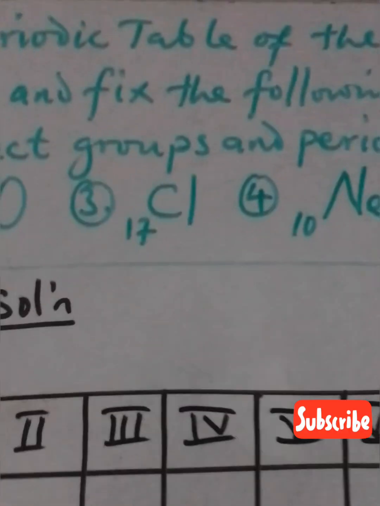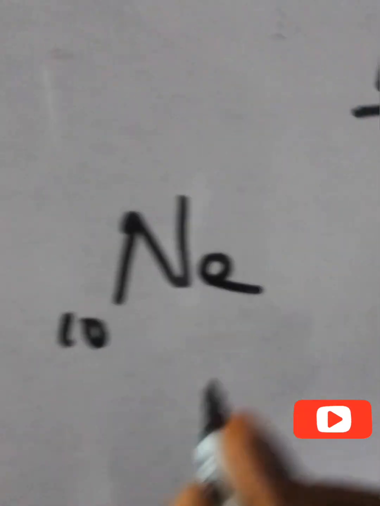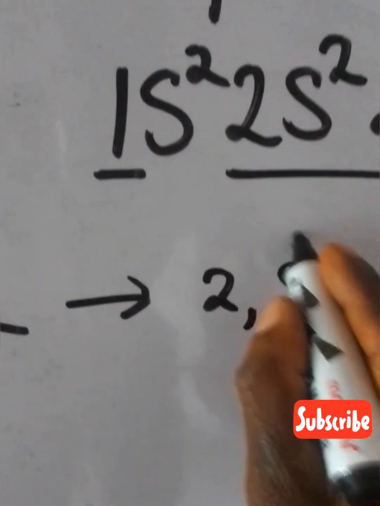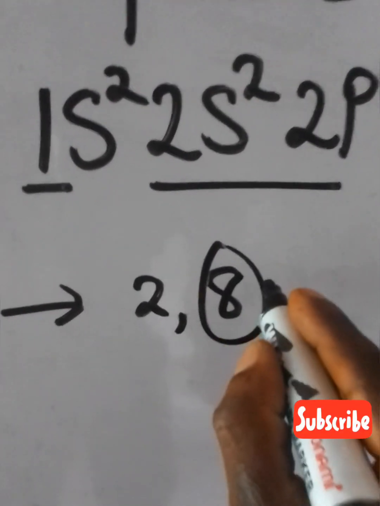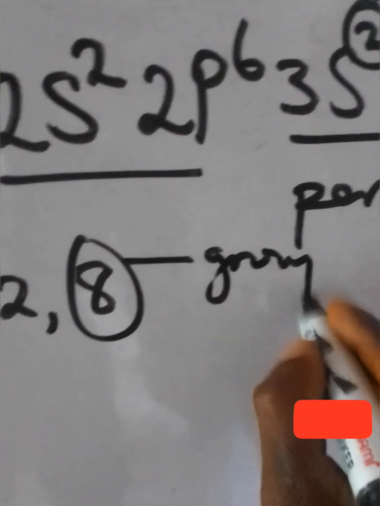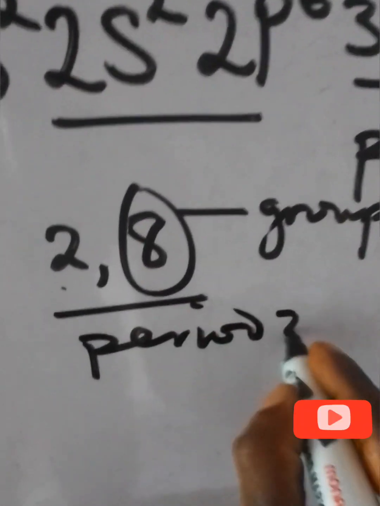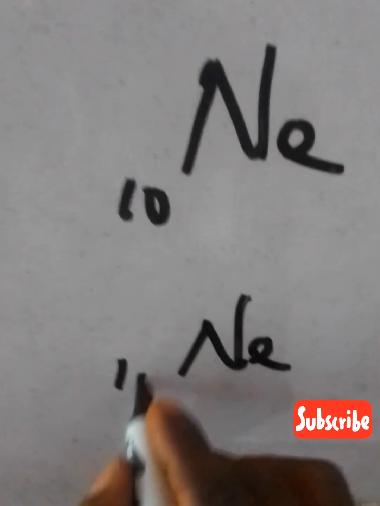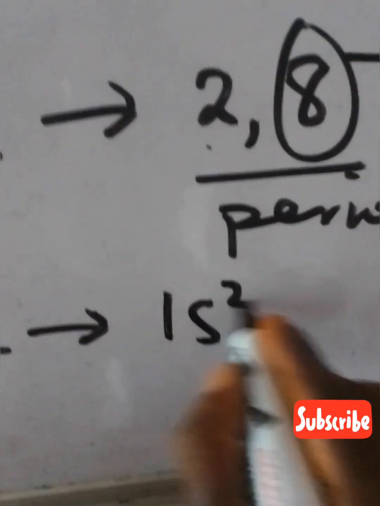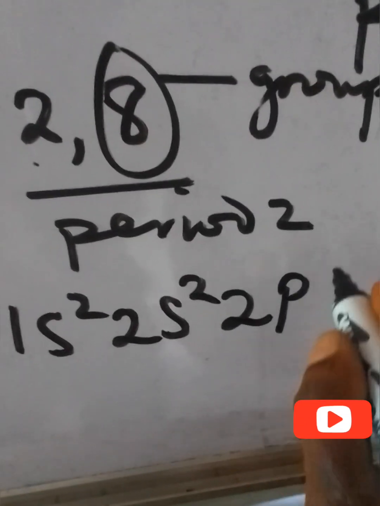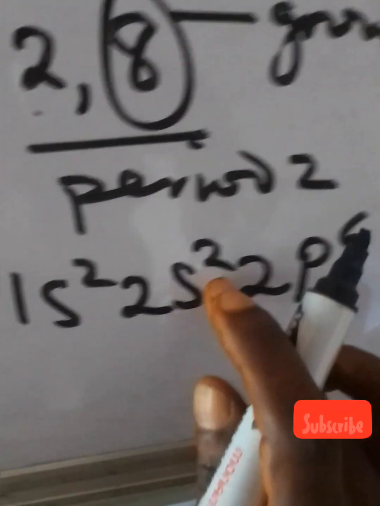Having registered chlorine, we go next to neon. Neon is number 10. The first shell picks 2, second picks 8, and that's all. Having written the 8 as the last number, it means it belongs to group 8. Two numbers, so period 2. You can write the neon electronic configuration this way: 1s2, 2s2, 2p6. 6 plus 2 plus 2 is 10.